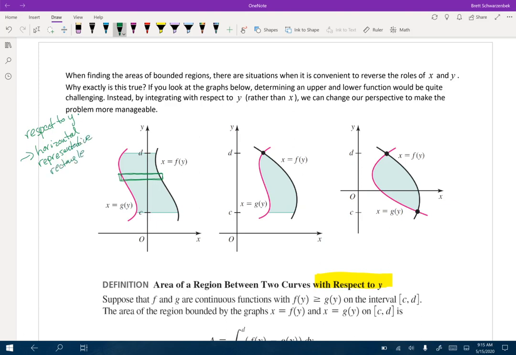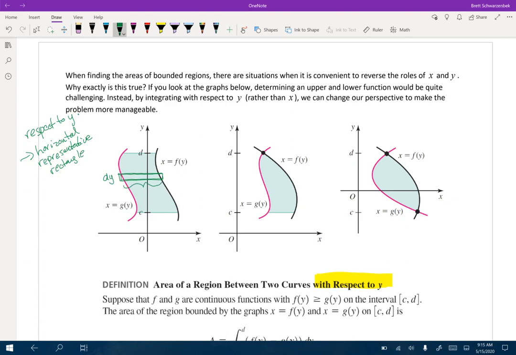Okay, so what does that mean? So that means this right here would no longer be the change of x, it would be the change of y, or in other words, dy. And what would this be? Well, this goes back to our formula for doing upper minus lower.